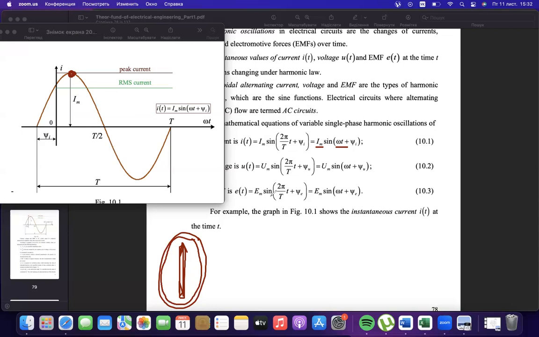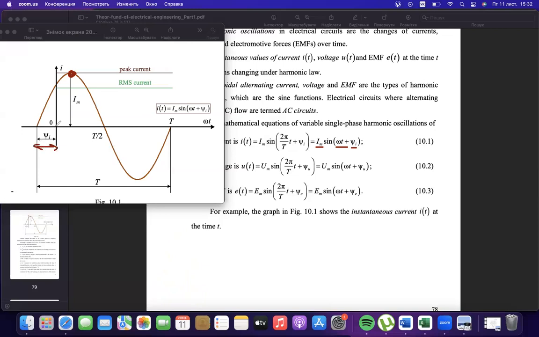Then the speed of rotation of this electrical magnet becomes this omega that makes the period of oscillation of the sinusoidal function. And initial angle.